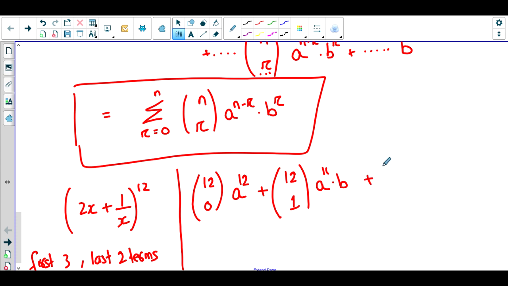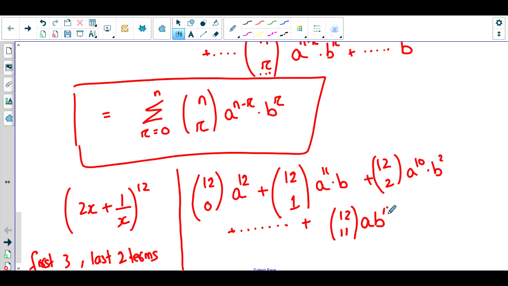It will be plus 12C2 a^10 b^2 and so on. And last two terms will be what? 12C11 a b^11 plus 12C12 a^0 b^12.